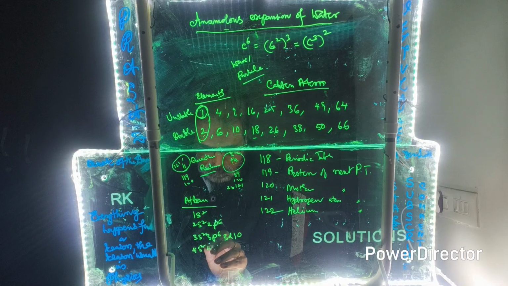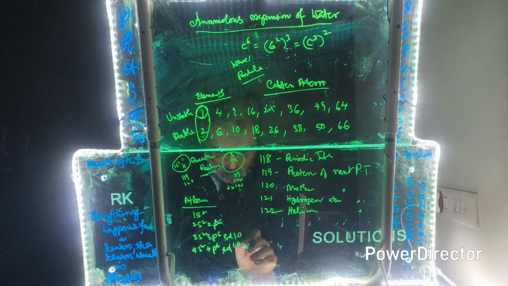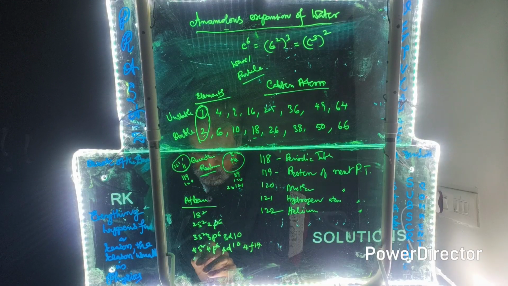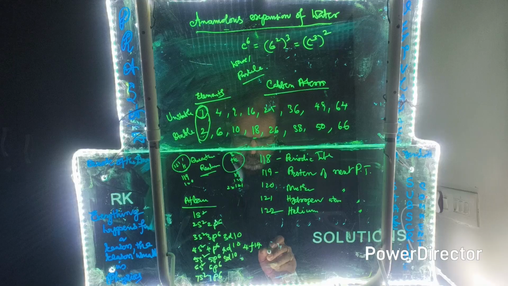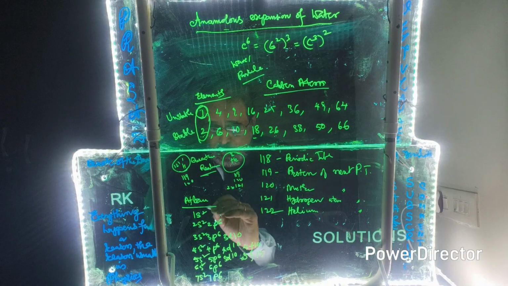4s2, 4p6, 4d10, 4f14, 5s2, 5p6, 5d10, let me stop here, 6s2, 6p6, 7s2, 7p6. Exactly. So according to the Aufbau principle, it goes on filling like this.